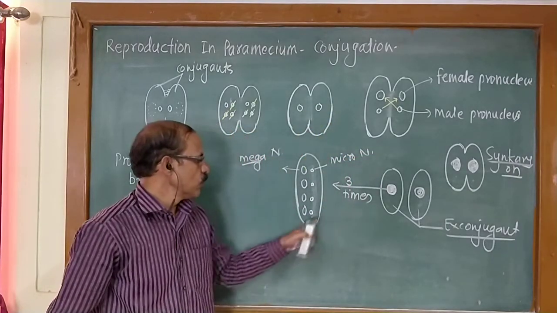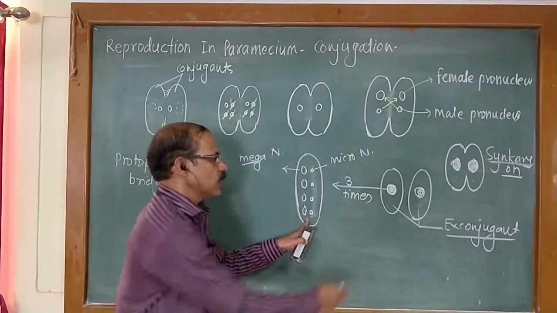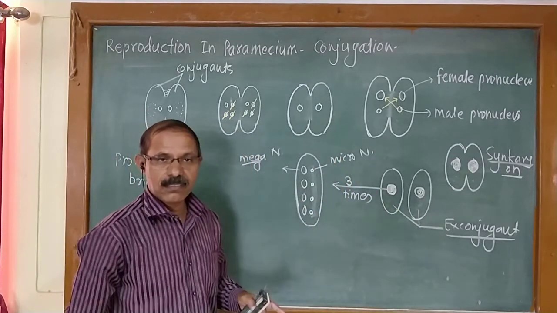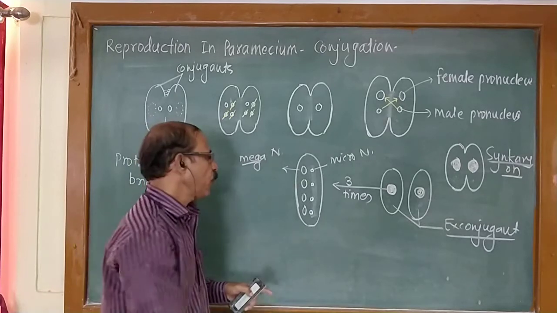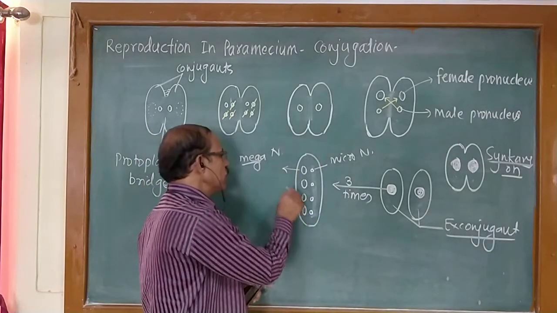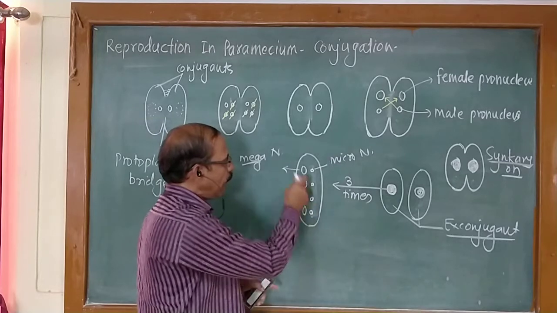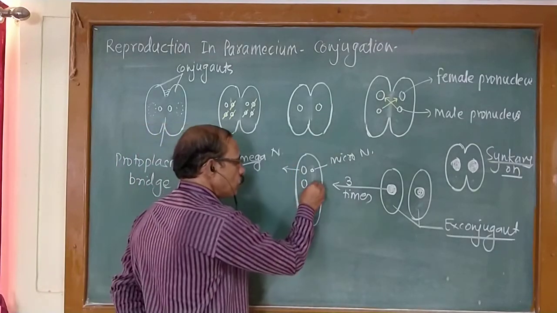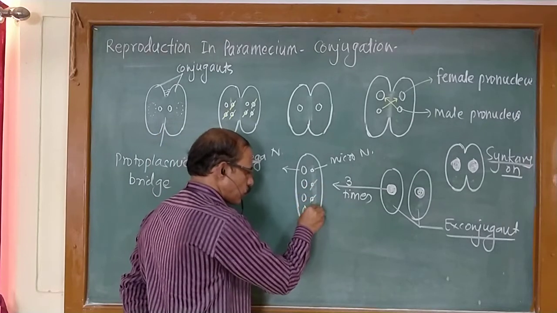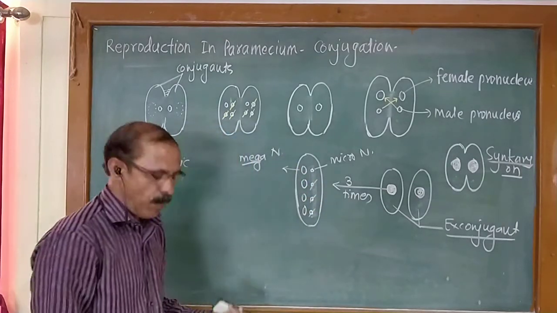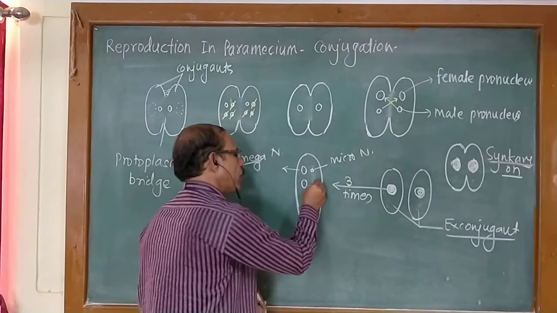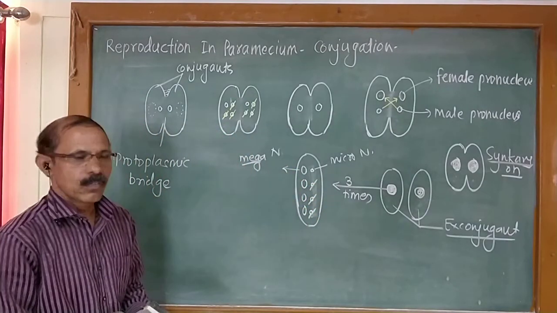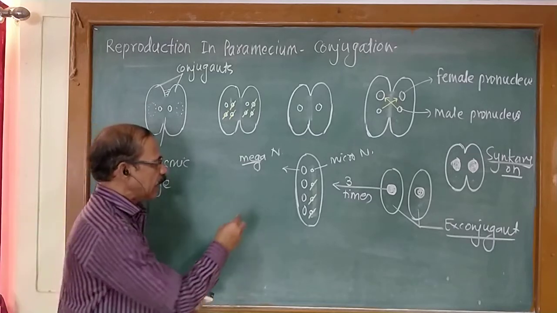So now each ex-conjugant, this one also and this one also, is having 8 nuclei. Out of 8, 4 are larger. There are 4 meganuclei and 4 micronuclei. Now next step, 3 out of 4 micronuclei degenerate.